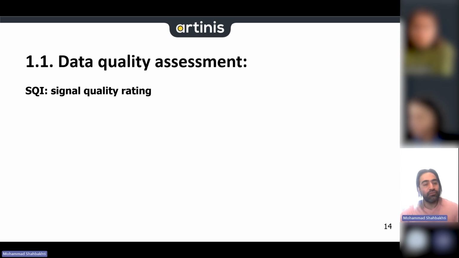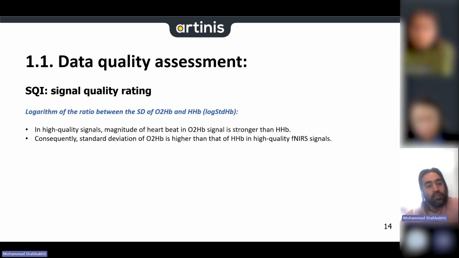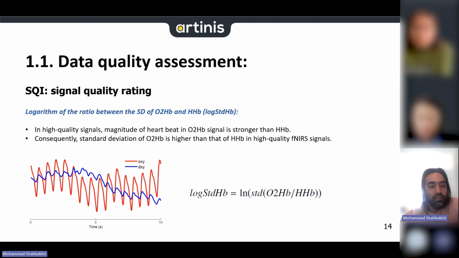In the last stage of SQI, we handle the case where we have neither really low quality data nor really high quality data. For that, we can use the logarithm of the ratio between the standard deviation of O2HP and HHP. As I said, in high quality fNIRS data, the magnitude of the heartbeat in the O2HP signal is stronger than in HHP.